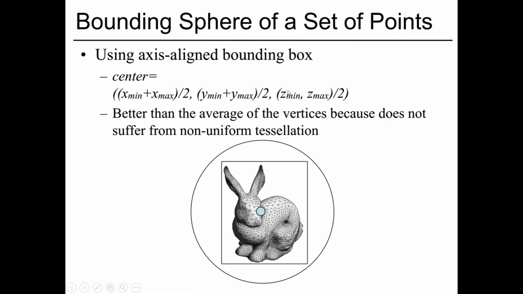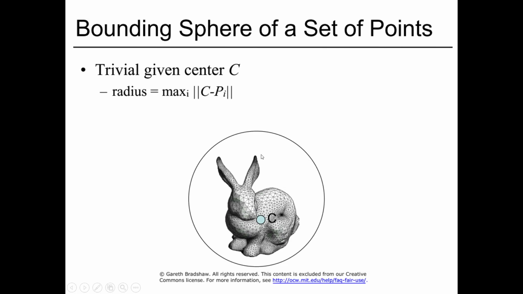Similarly, y min plus y max divided by 2, and z min plus z max divided by 2. So that would define the position of the center from which we will consider the bounding sphere, and the radius would be found as we discussed before. That is the distance between the center and the farthest point.